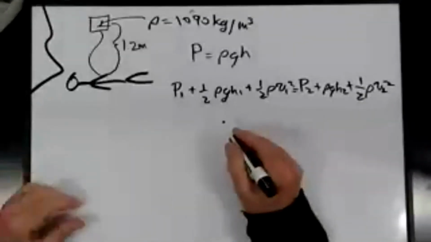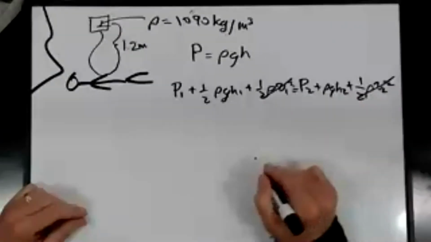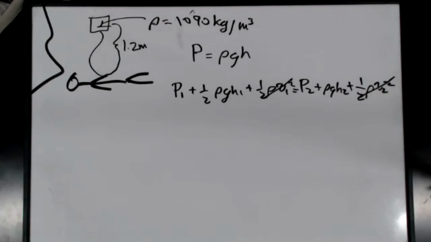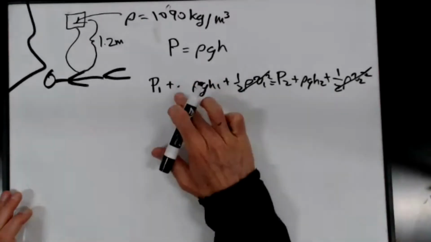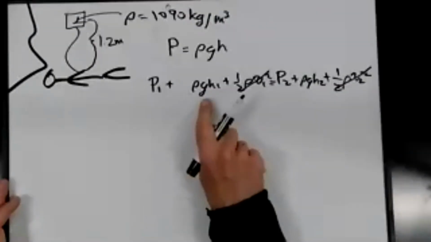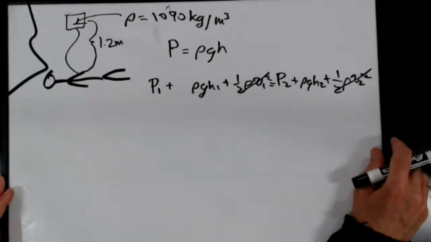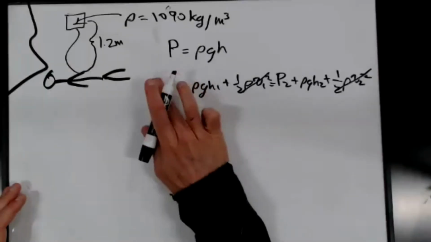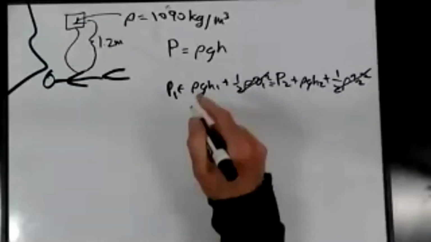And since the velocities are really slow, you can just cancel them. Hey, am I off the screen again? Why on the left side is it 1/2 rho g h? It's not. It should be. Okay, sorry. I usually put 1/2 rho v squared there, and I shifted gears in the middle for some reason. Yeah, you're absolutely right. Thank you for fixing that.